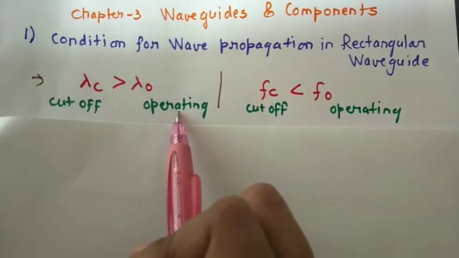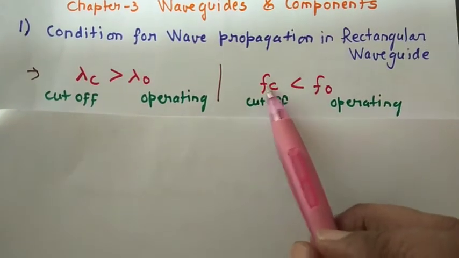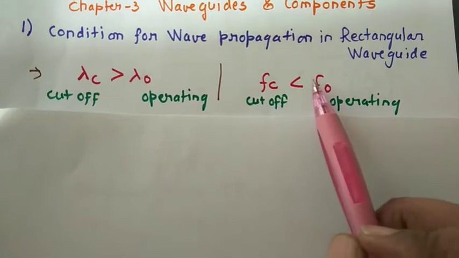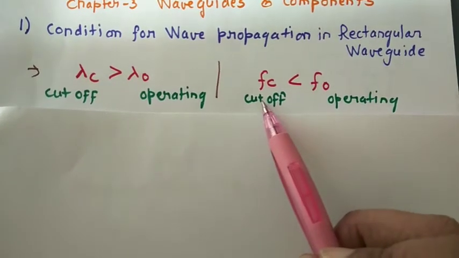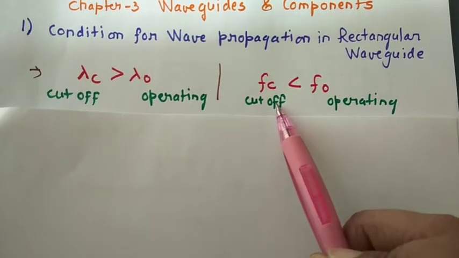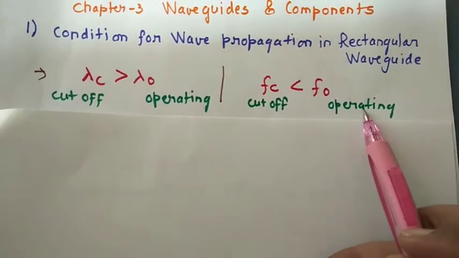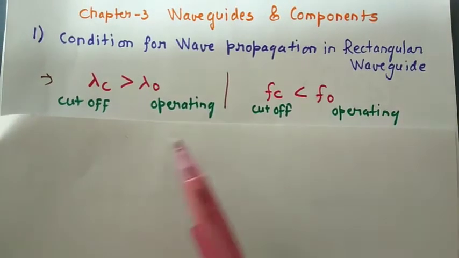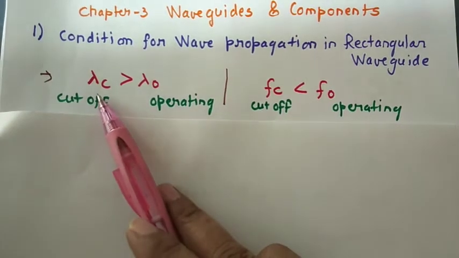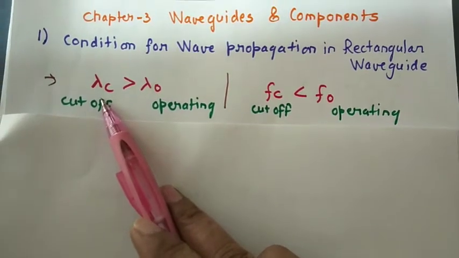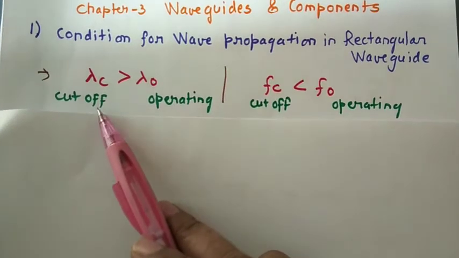Similarly, if we talk in terms of frequency, fc should be less than f0, that is, the cutoff frequency should be less than the operating frequency. But generally we talk in terms of wavelength when we actually go for the modes in rectangular waveguide.